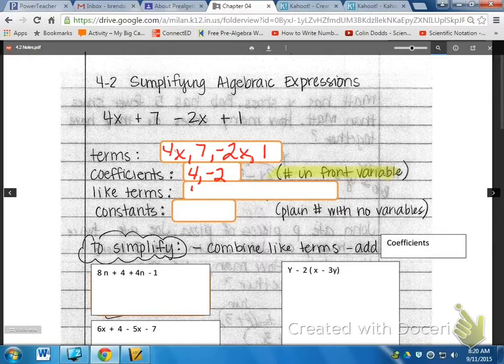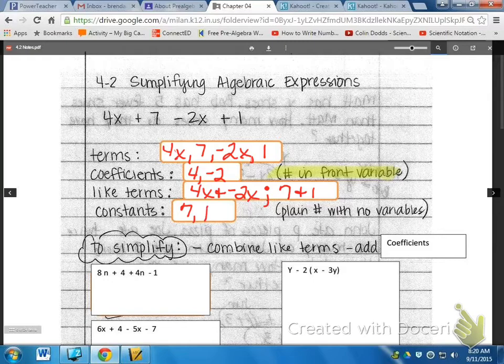The first set is 4x and negative 2x. That's one set. I'm going to separate the sets with a semicolon. The other set that has the exact same variables are 7 and 1. What variables do they have? None. So those that have none are like terms also because they have no variable. Constants are plain numbers with no variables. We just said those. We have 2 constants, 7 and 1.